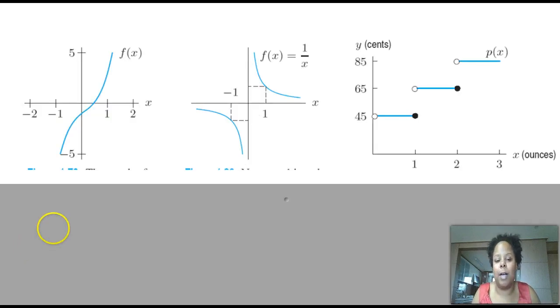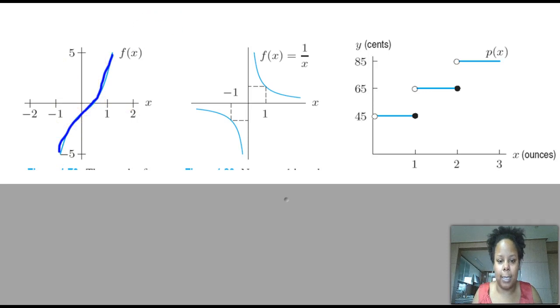So here we have three different functions that are graphed, and it's easy to identify which of the functions is continuous, because from what we know of continuous functions, I can draw this function without having to pick up my pencil and move it to a different location. In other words, I can draw this function without any gaps or holes.